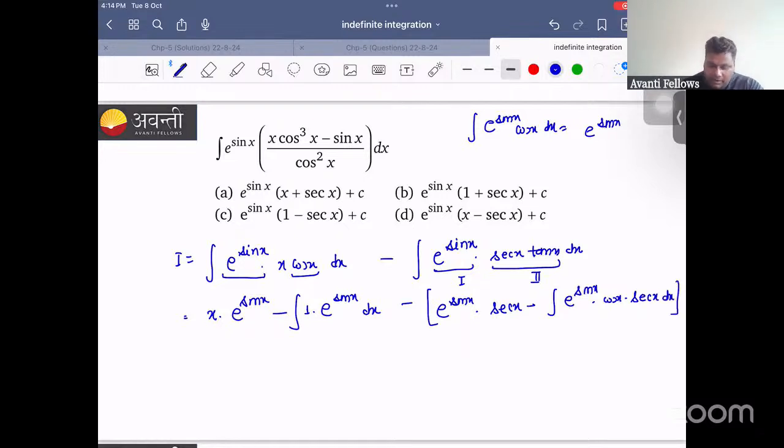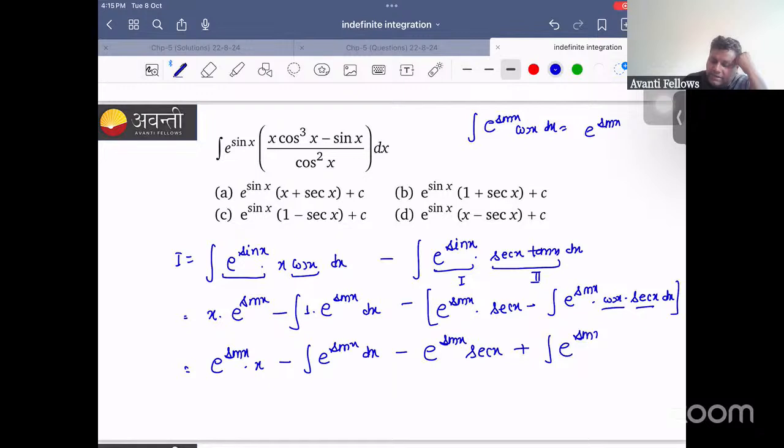Am I correct? Now it is e to the power sin x into x minus integration e to the power sin x dx, minus e to the power sin x into sec x, and plus, this will be sec and cos will be 1, so this is also integration e to the power sin x dx.